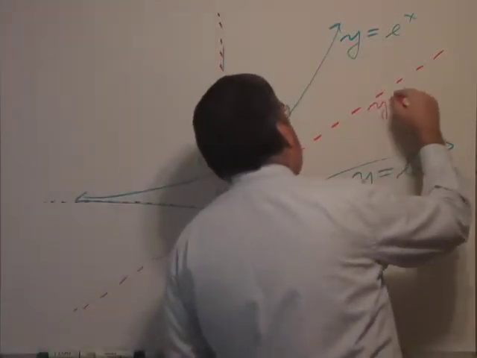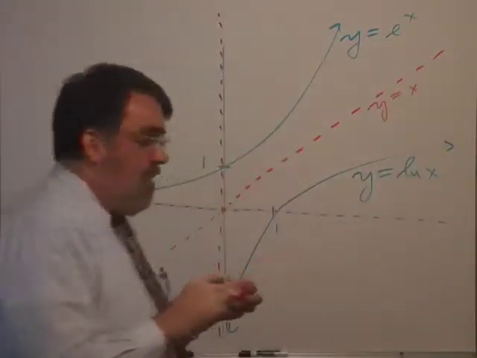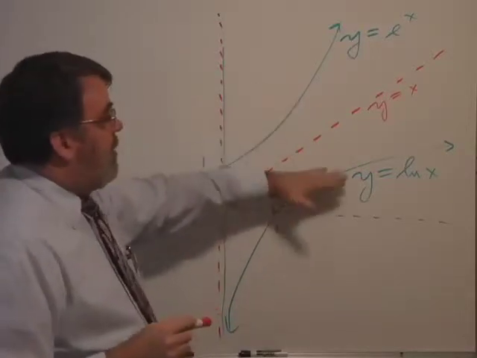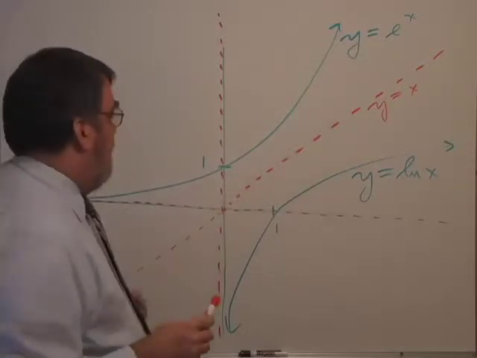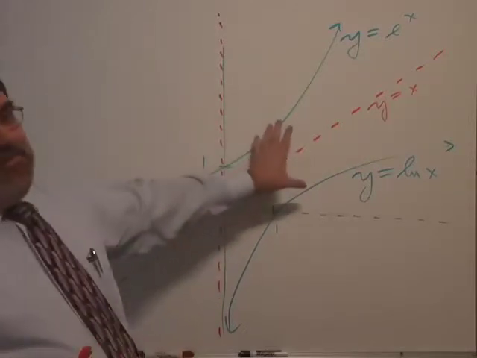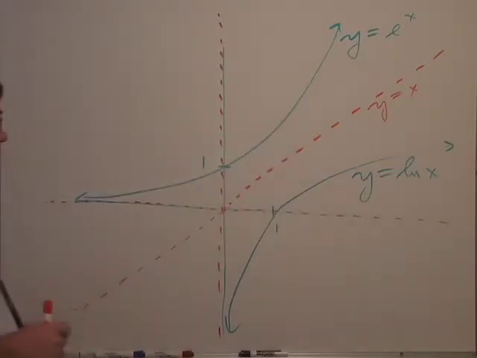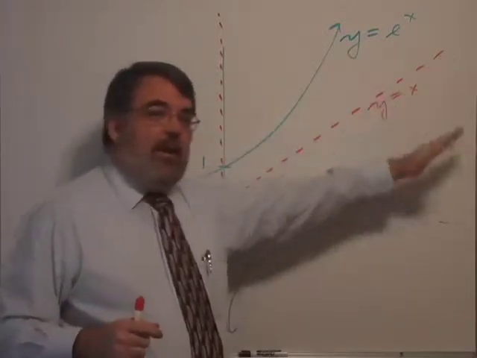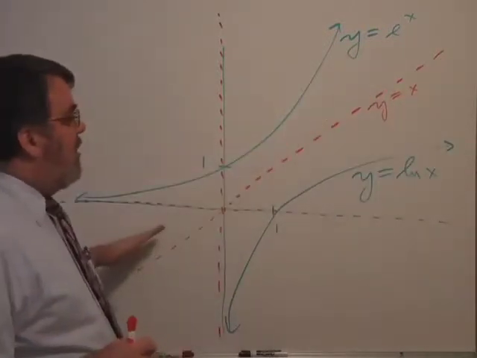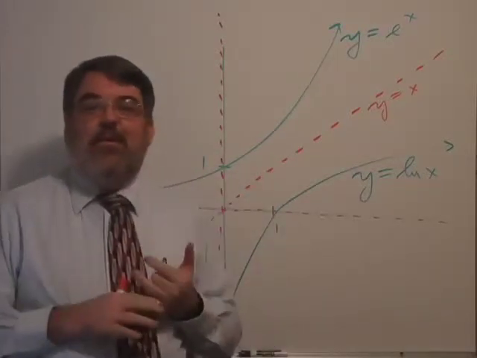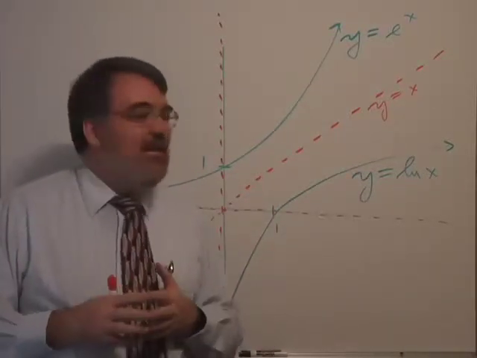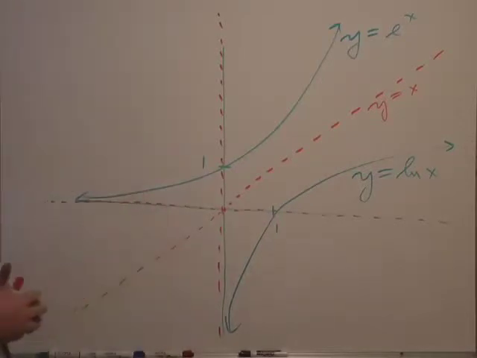If I call this y equals x, inverse functions are reflections across the diagonal line y equals x. So in other words, when you compare the two functions together, y equals x, this 45-degree angle line, is a line of symmetry between the two functions. That works for all inverse functions, as it turns out.